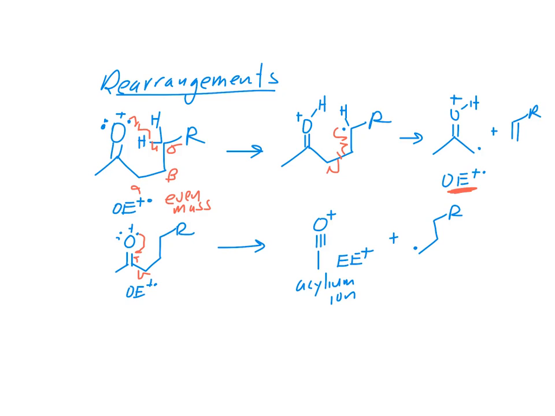If we have an odd electron ion with an even number of nitrogens, is it going to be an odd or an even mass? An even mass. Okay, so this is more unusual, right? So down here, remember, we're going to start with an even mass. And if we go to an even electron ion with no nitrogens, then this is going to be an odd mass.